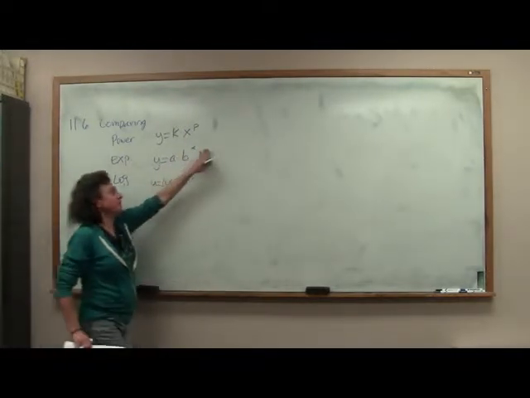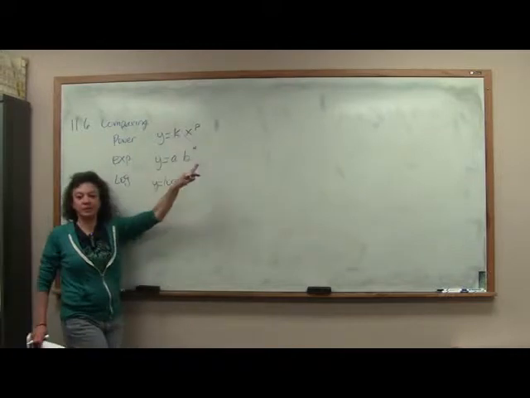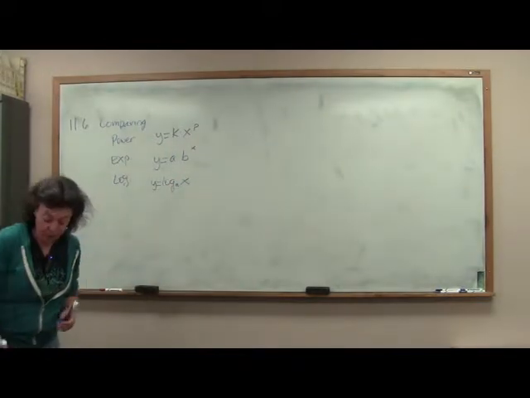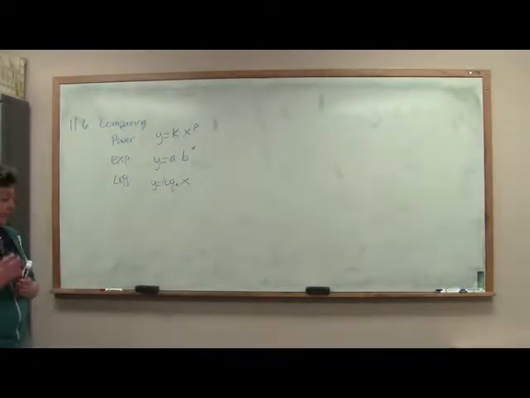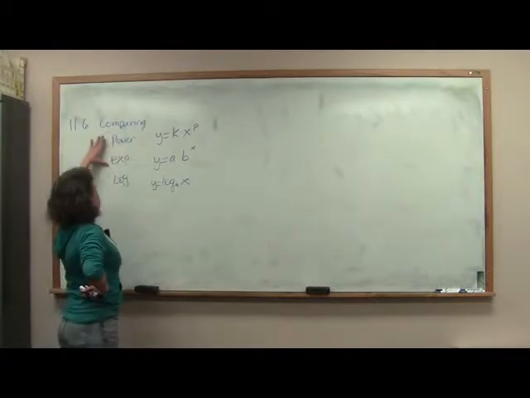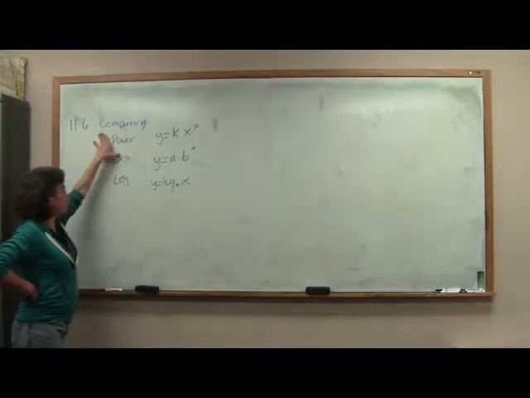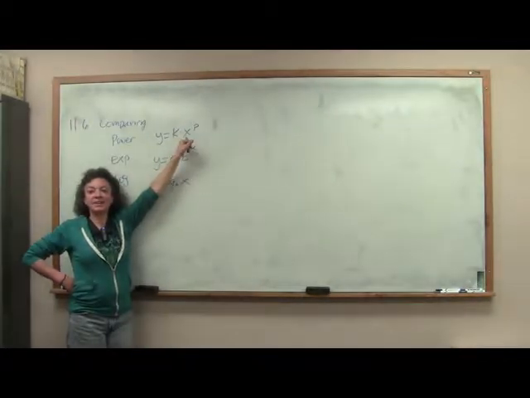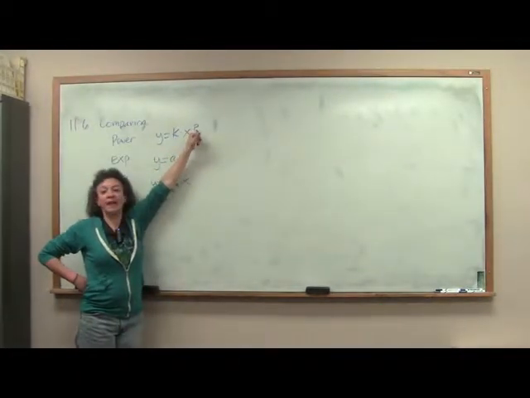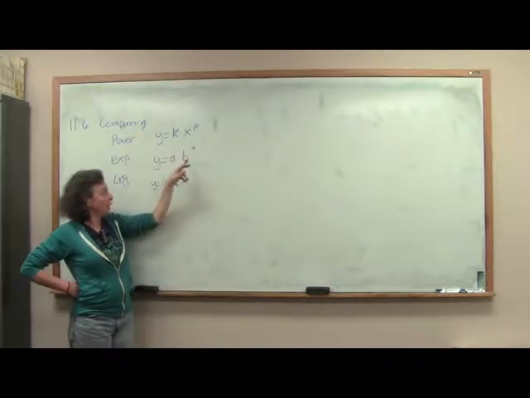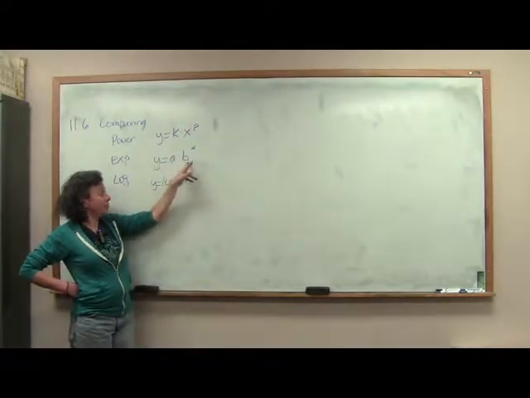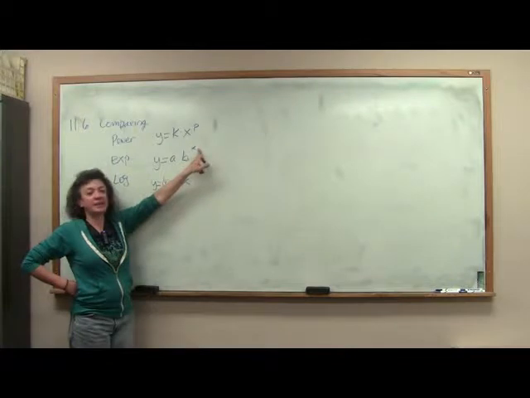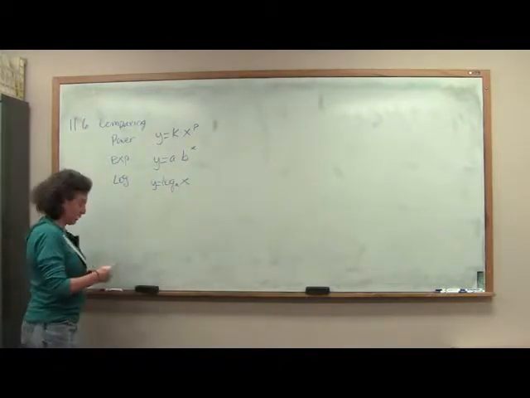People tend not to confuse log functions with either of the above, but just so that you're clear with the difference between power functions and exponential functions: a power function has x as its base and a set exponent, whereas an exponential function has a set base and x is the exponent.